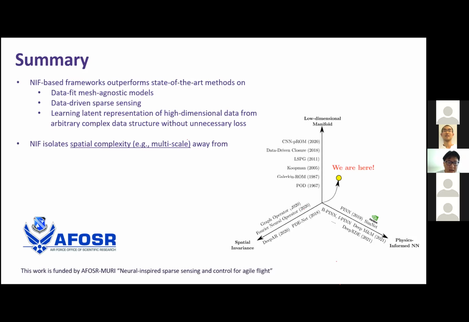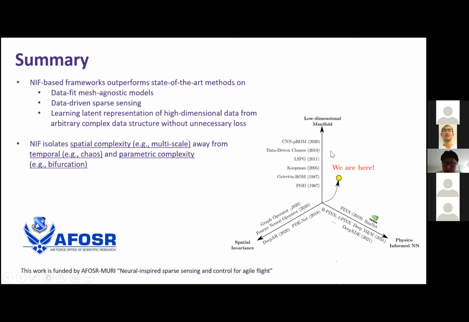The key idea of NIF is that it isolates spatial complexity away from temporal complexity, for example chaos, and parametric complexity, for example bifurcations. This philosophy follows the so-called low-dimensional manifold approach in learning surrogate models for PDEs.